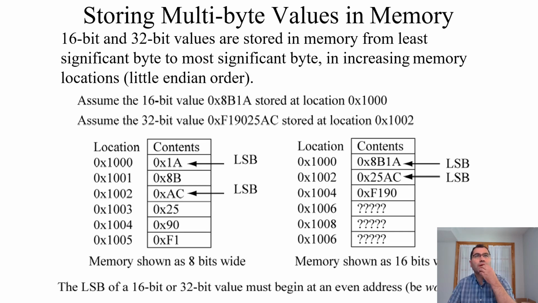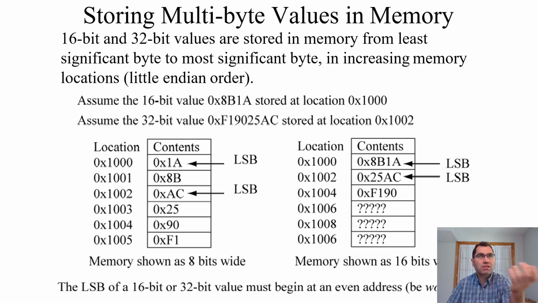How do we store a multi-byte value in memory? If it is a single byte, in other words an 8-bit value, then the data can be stored in one address location, one memory location. So it's not going to be any issue at all.